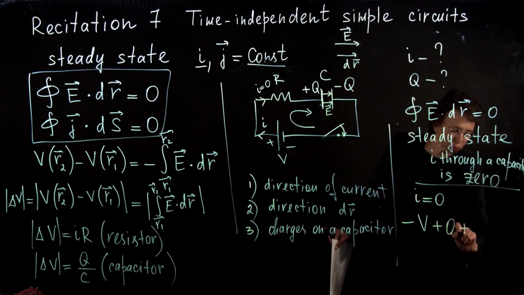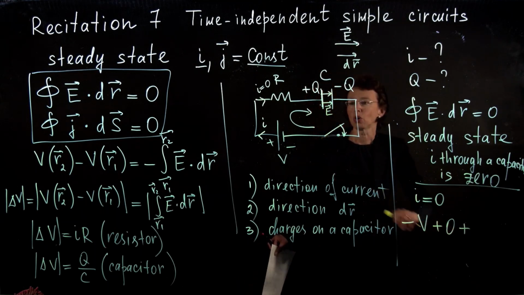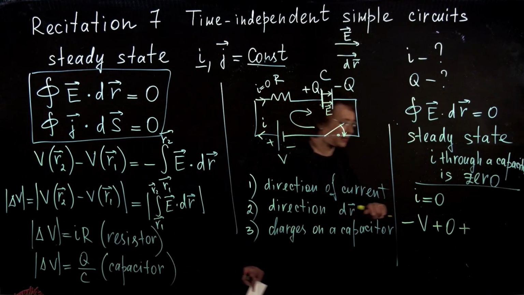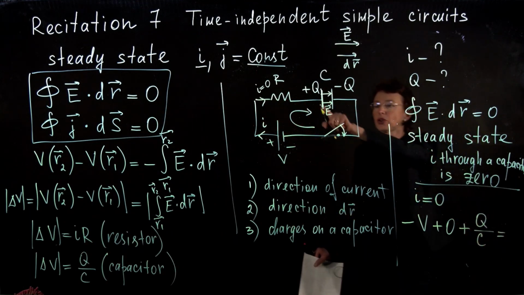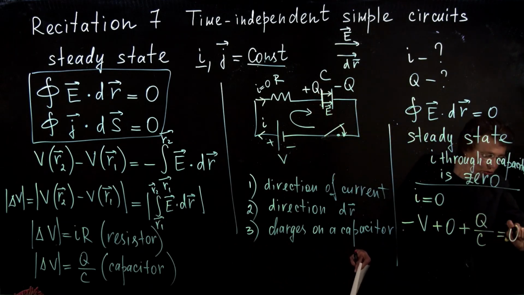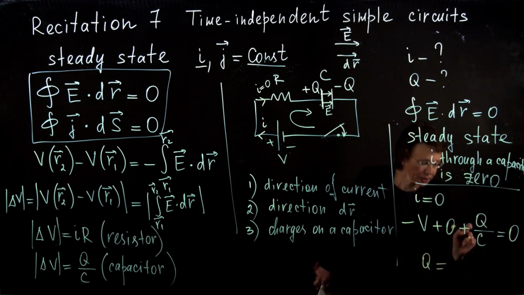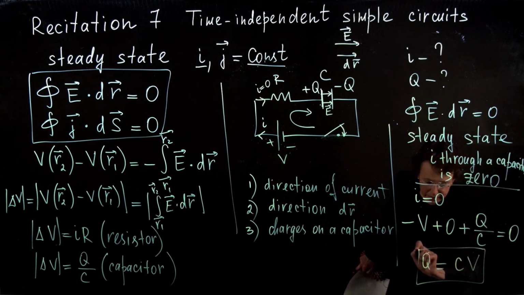That's why I put plus when I find voltage change across this capacitor. What is the magnitude? The magnitude is Q over C plus Q over C. And there is no other elements in this circuit. We come back to the battery, we close the loop, it is 0. What is Q? Q from this equation is C times V.